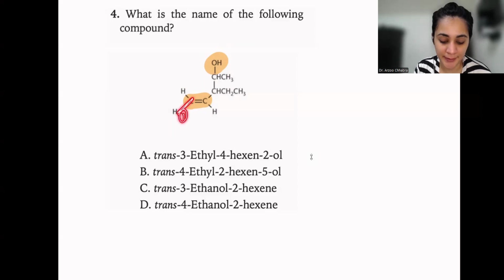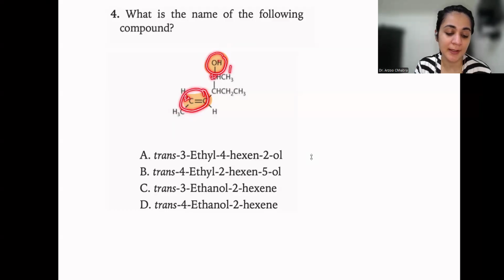And then the alkene actually gets the priority because the alkene gets a lower number. However, if I start numbering from here, let's say 1, 2, the alcohol gets the priority and the alkene does not really get that priority.